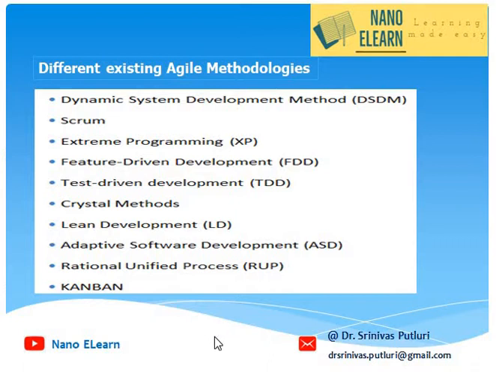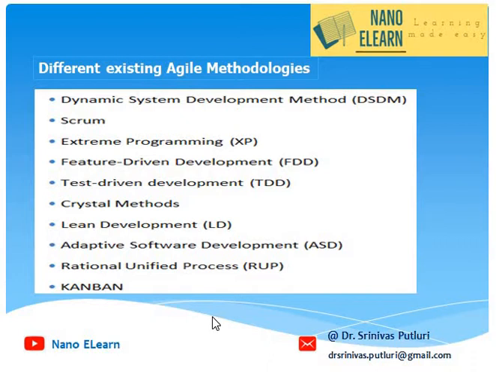These are the different agile methodologies which are in use today in real-time projects, which include Dynamic System Development Method, abbreviated as DSDM, Agile Scrum, Extreme Programming, called as XP, Feature-Driven Development, called as FDD, Test-Driven Development, called as TDD, Crystal Methods, Lean Development, Agile Software Development, Rational Unified Process, called as RUP, and Kanban.